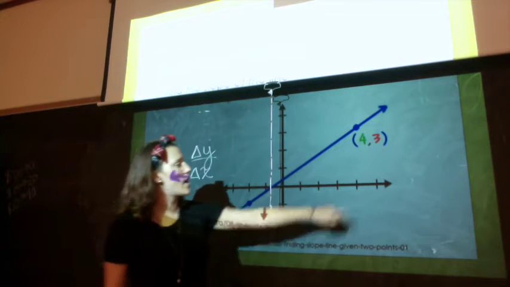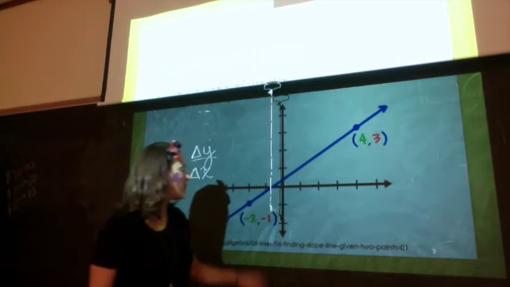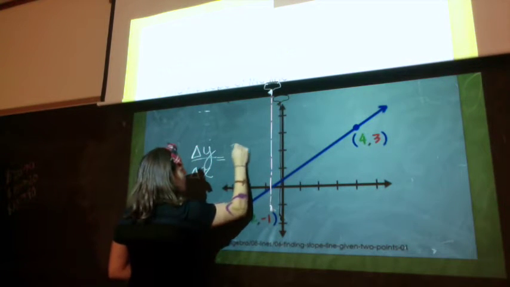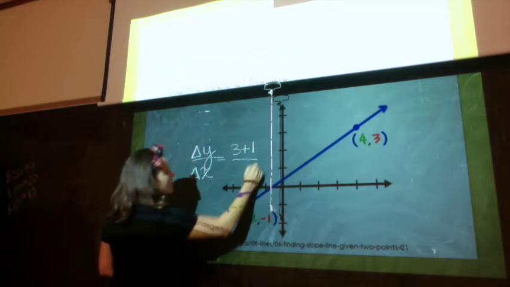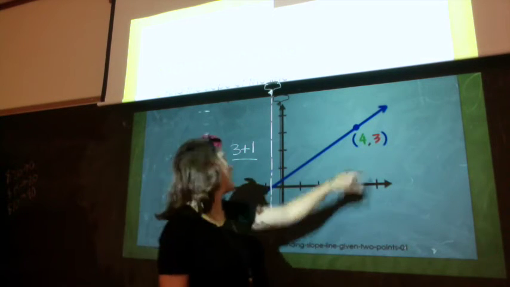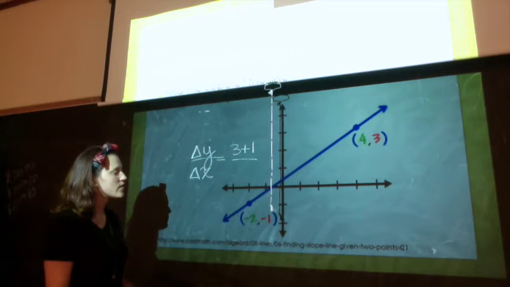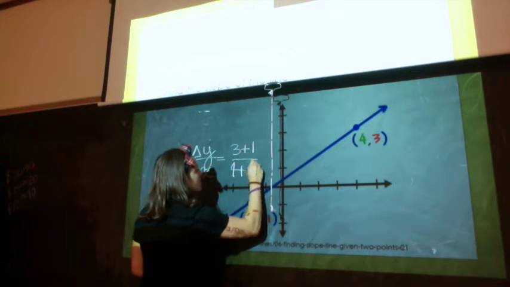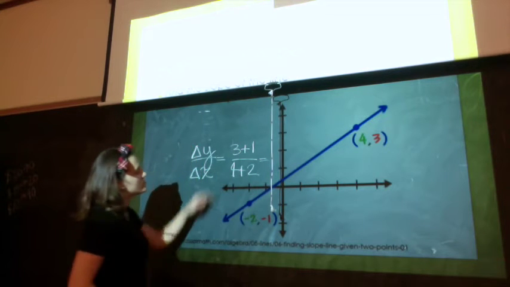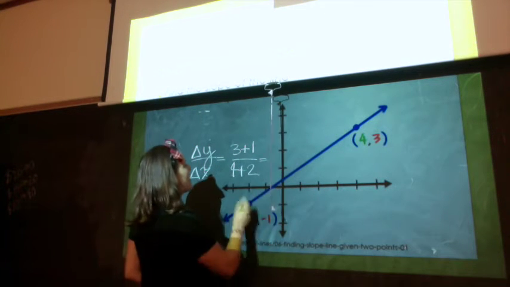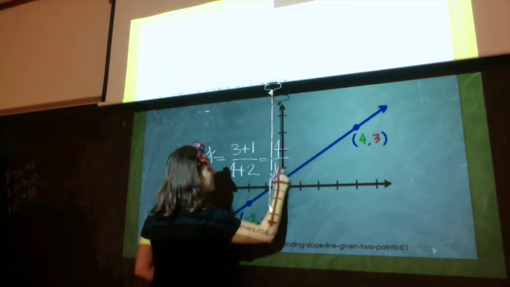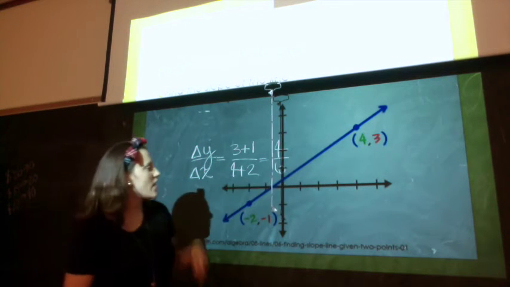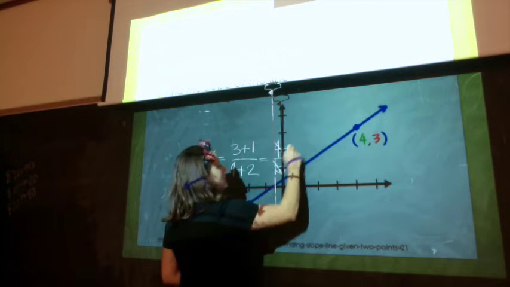The change in y is 3 minus -1. That cancels out, so we have 3 plus 1. The change in x is 4 minus -2, and that also cancels out, so it would be 4 plus 2. So we add those together, and we get 4 over 6. As you know from math classes, we usually cancel this down, so it becomes 2/3.